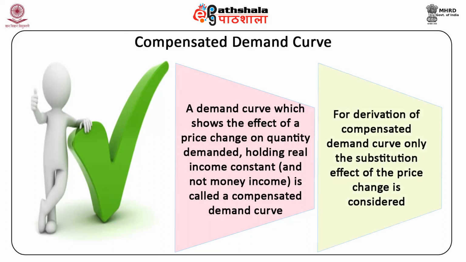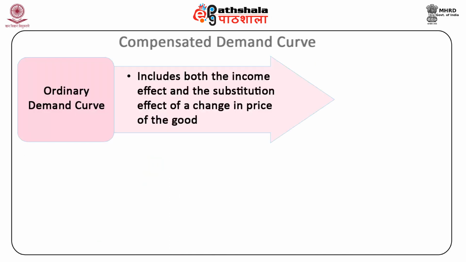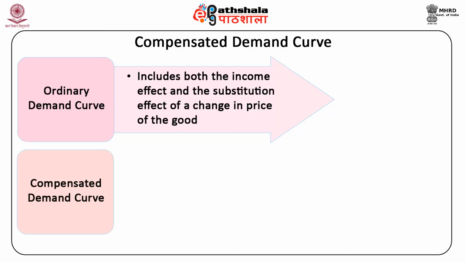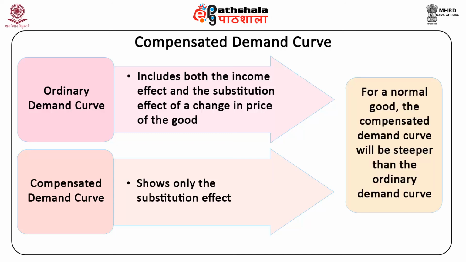For derivation of the compensated demand curve, only the substitution effect of the price change is considered. Thus, whereas the ordinary demand curve includes both the income effect and the substitution effect of a change in price of the good, the compensated demand curve shows only the substitution effect. It follows that for a normal good, the compensated demand curve will be steeper than the ordinary demand curve.